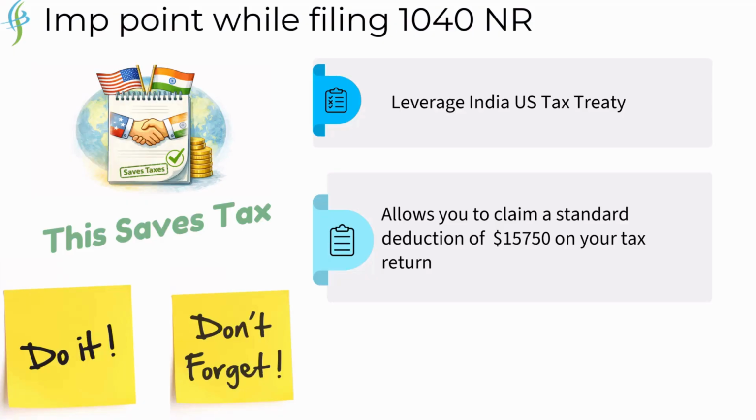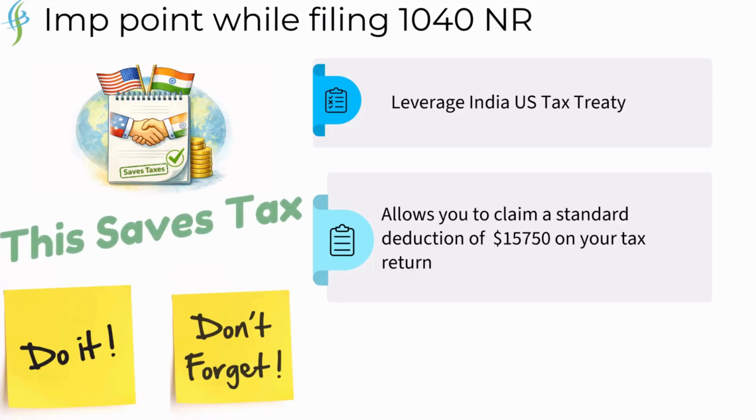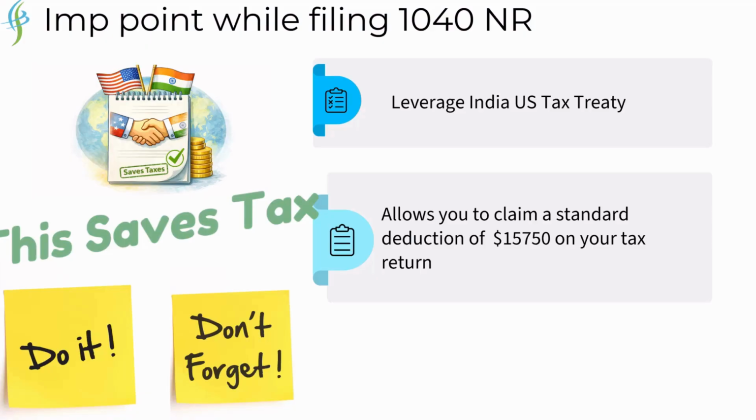So basically, in simple words, this means that you can exclude your income up to $15,750 from paying taxes. So, effectively, this saves taxes. Now, this is a special treaty provision and not a default one. So, your tax software probably will not give you this by default. So, make sure that you claim this correctly while filing your taxes.